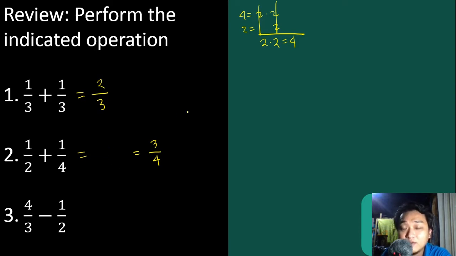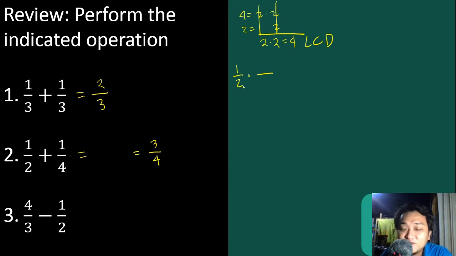Pero merong ibang paraan, may mas convenient way para gawin 'yan. Ito yung ginagawa ng iba nating learners. Instead na kunin nila yung LCD, ang ginagawa nilang similar fractions, yung dissimilar fraction. So, paano ginagawa yun? They are going to convert 1/2 in such a manner na yung denominator niya magiging 4.